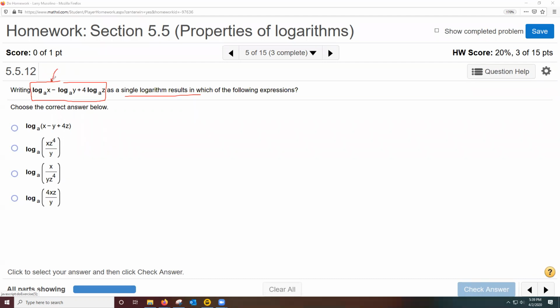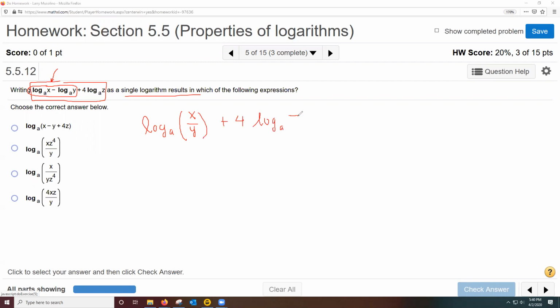It says log of x minus log of y. Well, when I subtract logs, I can rewrite it as a log of their division. So I can rewrite that as log of x over y. And I'm going to bring down the 4 log to the base a of z.